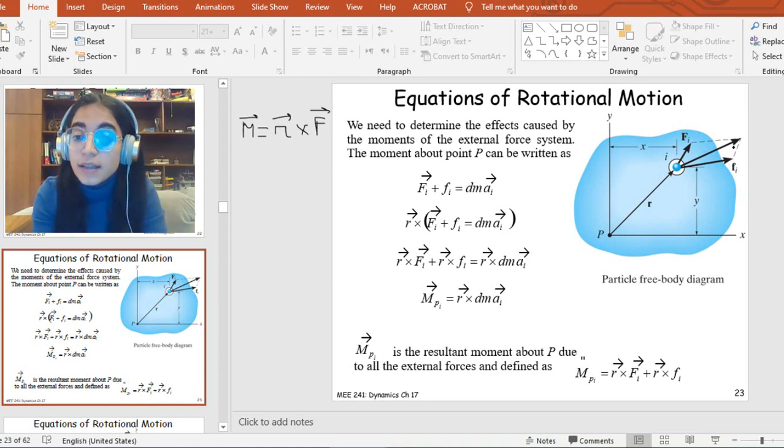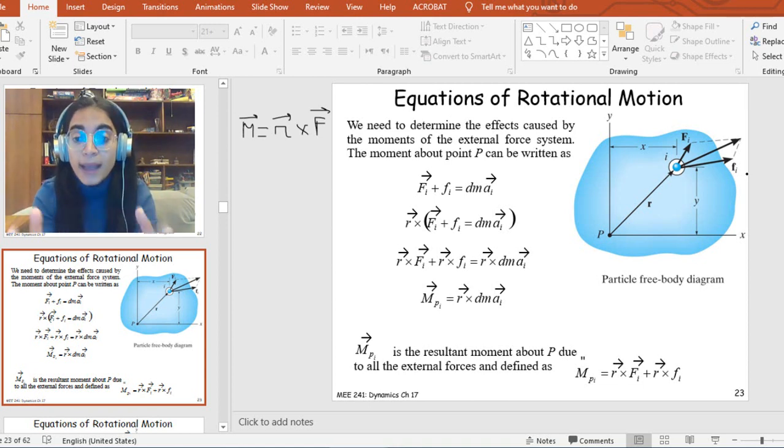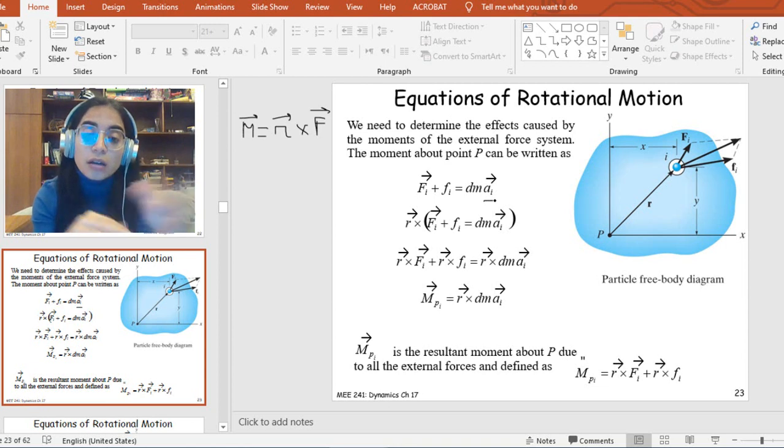So the sum of forces will be F_i big plus f_i small, and this will be equal to what? From Newton's second law, it will be equal to the mass, which is here dm, times the acceleration, which is here a_i. So what I'm going to do is take r cross the whole equation.